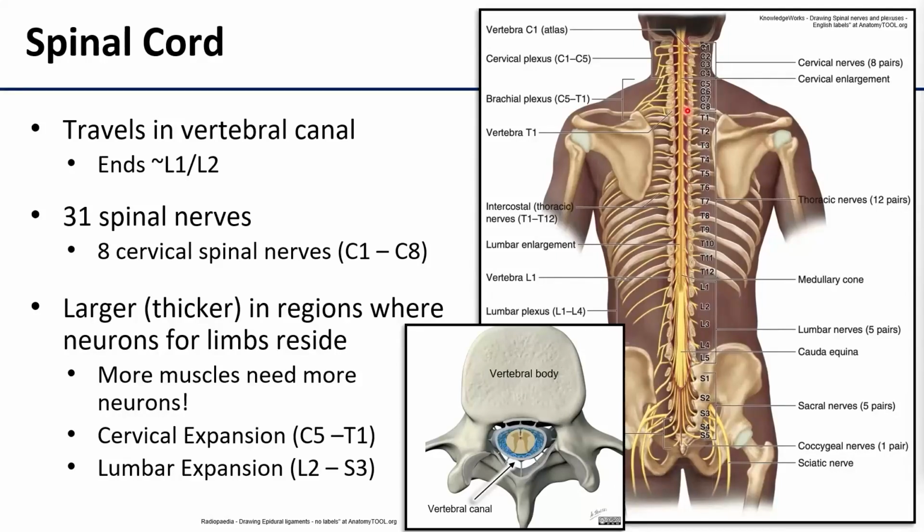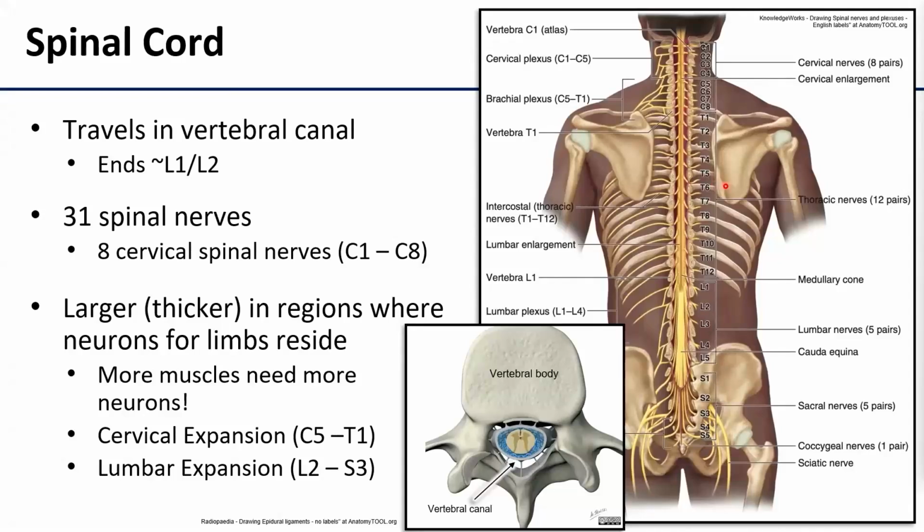And speaking of the upper limb, the spinal cord is not consistent in its diameter. So it gets bigger, kind of looks like it swells up actually, in places where more neurons are housed. And the regions of the spinal cord that house neurons for the limbs definitely need a bit more area to fit all the neurons that innervate the muscles and skin.